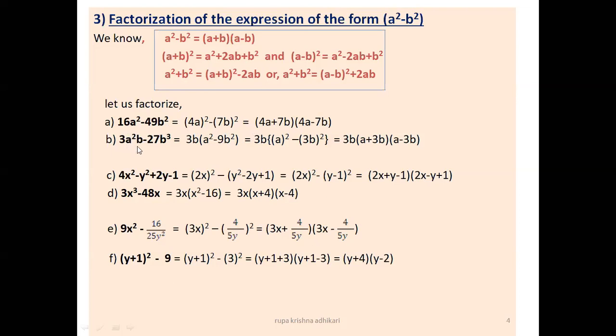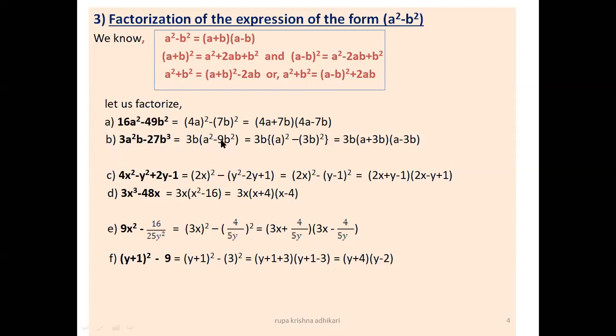Second example, 3a square b minus 27b cube. These are not completely square numbers. Hence, what do you have to do now? Let's search, is there anything common? That is the first kind of expression. 3 can be taken common, 3 and 27. So 3b also can be taken common. Hence 3b, what is left inside now? a square minus 9b square.